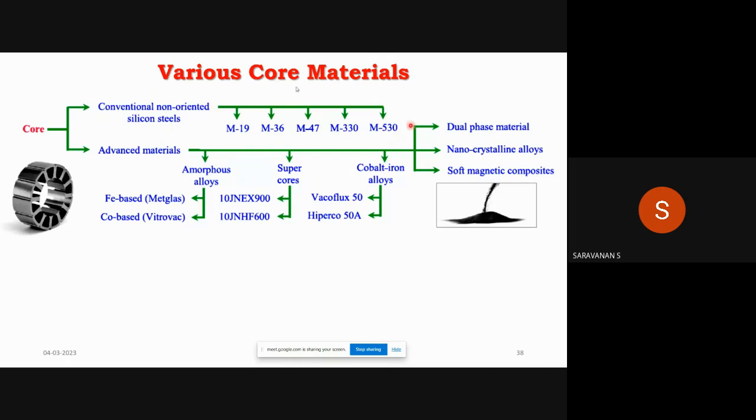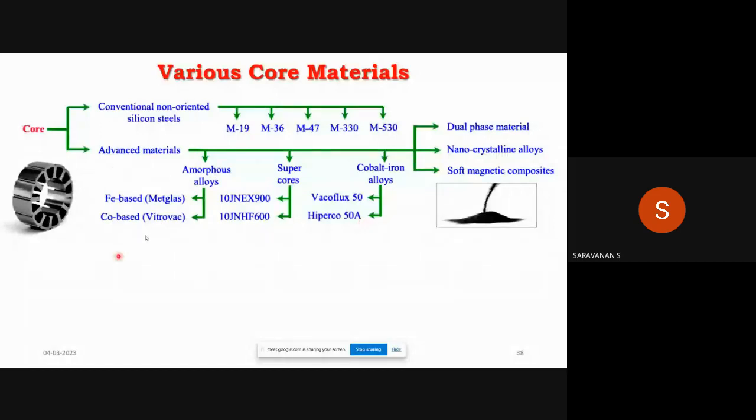These are the conventional electrical materials used in our day-to-day induction motors and transformers. In the market nowadays, advanced materials are available: amorphous alloys, super cores, cobalt iron alloys, such as Wacoflex 50 and Hyperco 50A. These are the major materials that industries have started using.